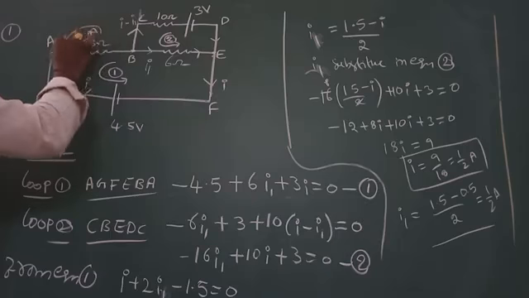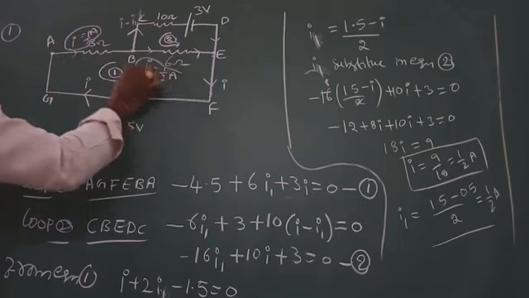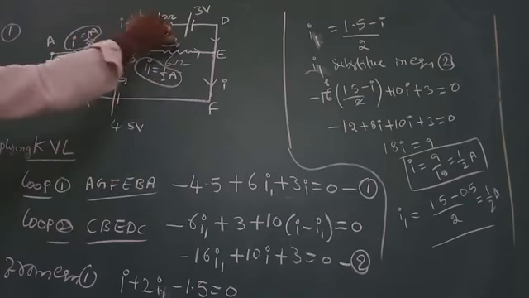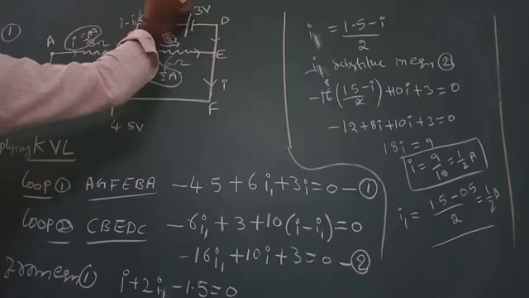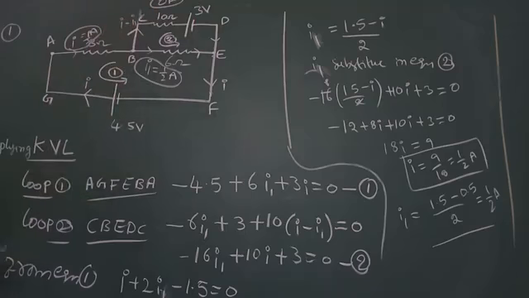The current through the 6 ohms resistor, I1, is 1 by 2 amperes, and the current through the 10 ohms resistor is 0 amperes. Why? Because I minus I1 is 1 by 2 minus 1 by 2, which is 0 amperes. The current through this 10 ohms resistor is 0 amperes.